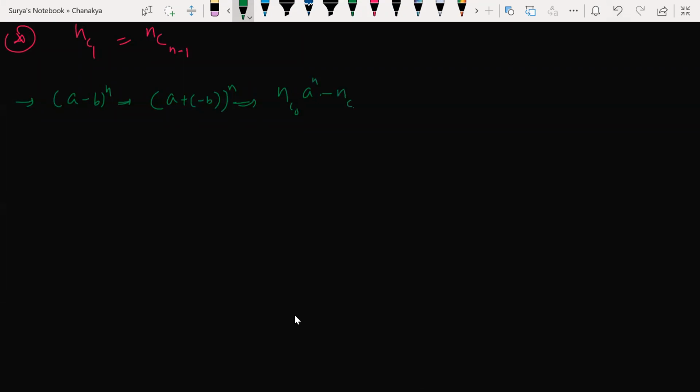So minus nC1 a to the power of n minus 1 into b plus nC2 a to the power of n minus 2 into b square, and so on, till minus 1 to the power of n nCn into b to the power of n. Okay, this is the formula we have. So basically here the signs will be positive, negative in alternate, I mean it starts positive, negative. Cool.